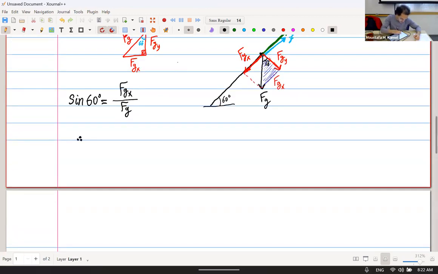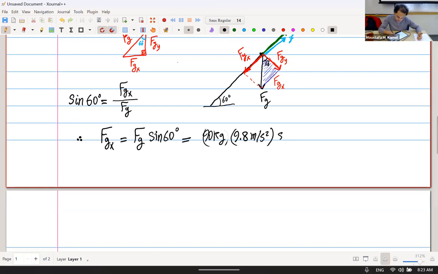Which means Fgx equals Fg sine 60, equal to mg, which is 90 kilograms times 9.8 meters per second squared times sine 60.